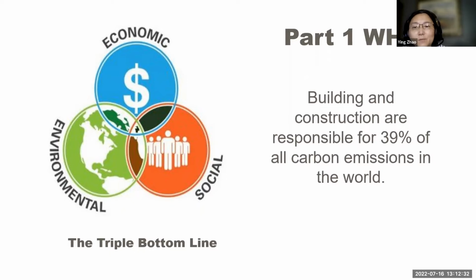And carbon emissions are really related to climate change and other issues like energy dependency and the economy. So improving building energy efficiency actually improves the triple bottom line. We show the triple bottom line here, that is economy, social, and environmental, or alternatively we call it planet, people, and profit.